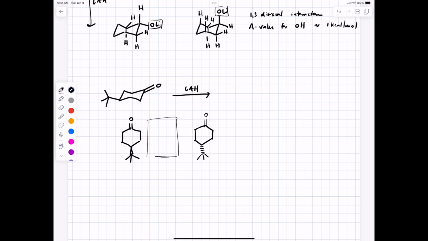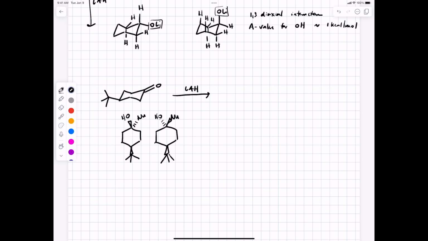The other reason you can tell they're not enantiotopic is because if you were to do an addition reaction, the two possible products are not enantiomers of each other. Right? Therefore, they have to be diastereotopic.